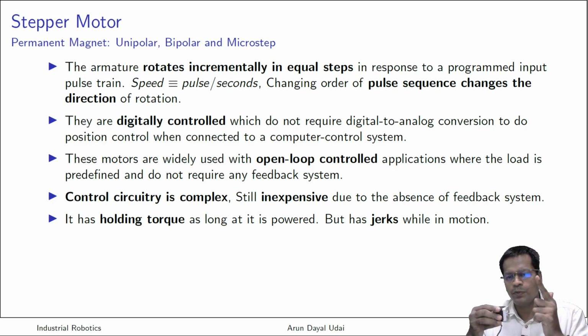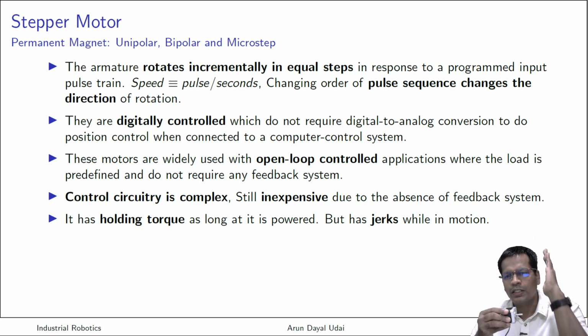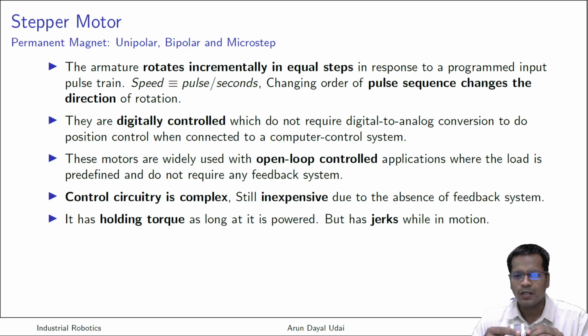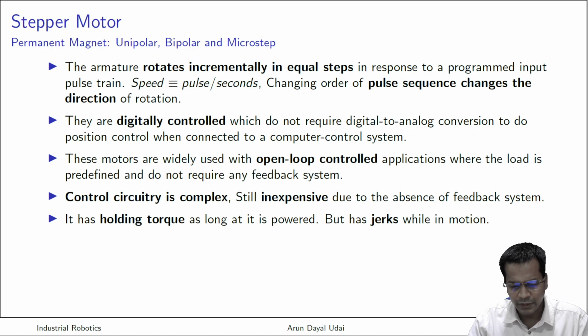Each step will move by 1.2 degrees. But if the link is very long, 1.2 degrees at the joint will create a significant motion at the tip of that link. If it is a serial robot, it can accumulate and you will see a huge difference between the first and the second step. So that is the problem with this.